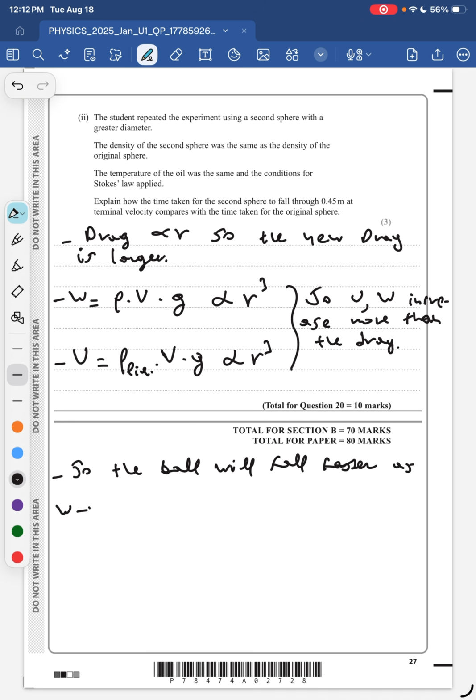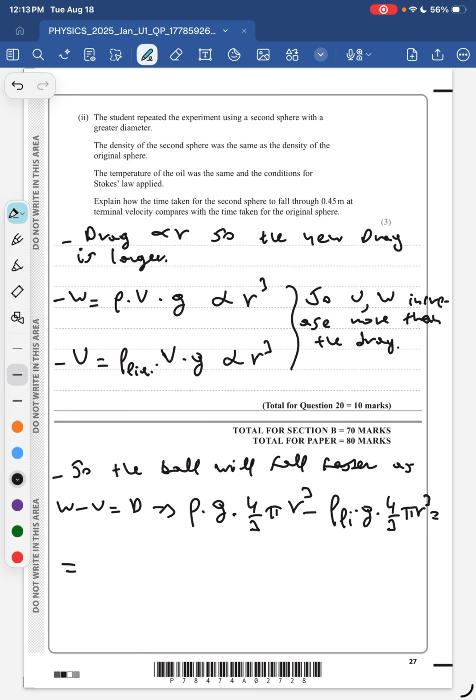So the weight minus the upthrust is equal to the drag force. The weight is equal to the density of the sphere times g times 4/3 pi r cubed, minus the density of the liquid times g times 4/3 pi r cubed.